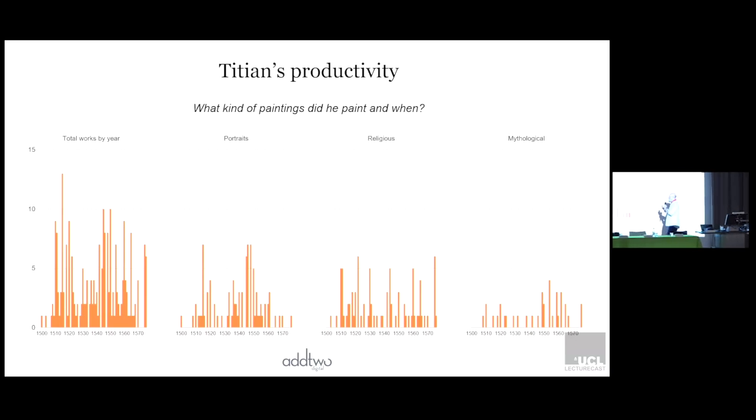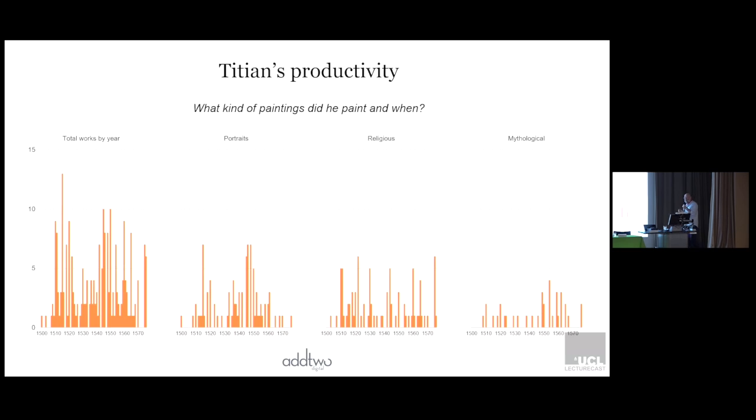Now we can start to introduce some complexity and start talking about how you can see here when Titian started being employed by Philip II, having to paint lots of royal portraits. Religious art, of course, and Renaissance all the time. Mythological painting, he gets more interested as he gets older. You start to see that detail. But because we made it easy to step into the story, we can start reading.